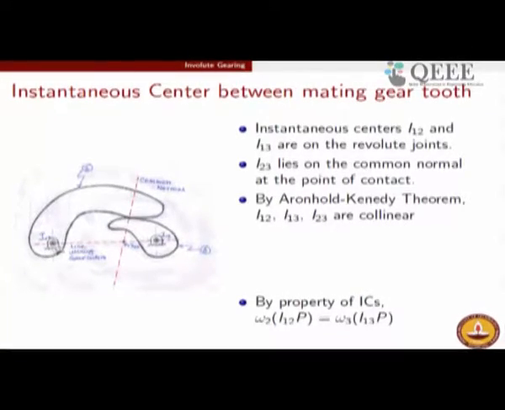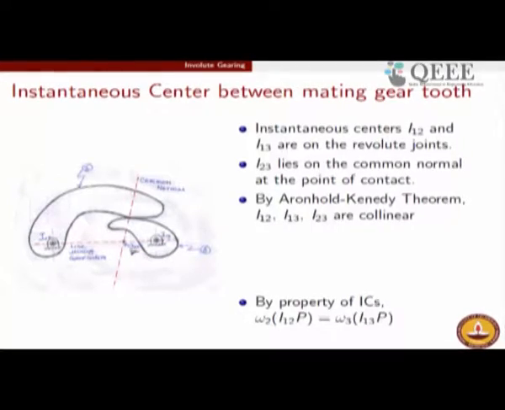So, every point which is embedded in this body or in an extension of this body should have a linear velocity which is given by the product of the rotational velocity times the radius vector. So, with that argument, the velocity of this point P will be the angular velocity multiplied by this radius vector, which is omega 2 times I12P.